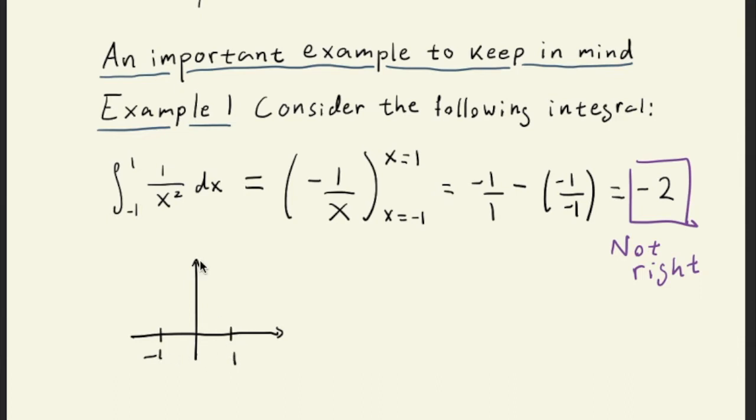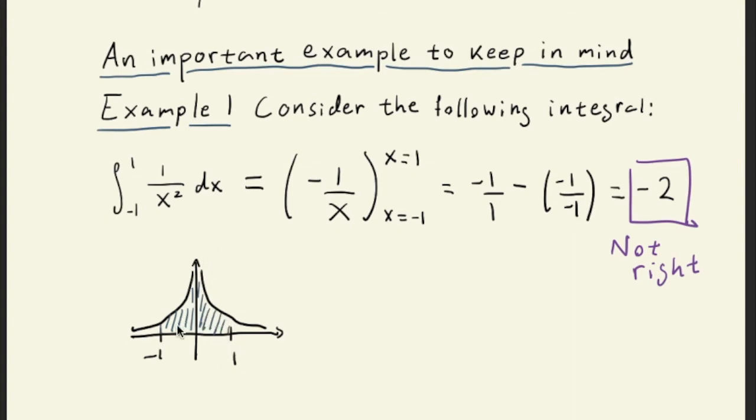As x approaches 0, this number becomes bigger and bigger. If x is very small, 1 over x squared is very big. So the graph of this function actually looks like this. That's how it looks, and we're trying to compute this area here.